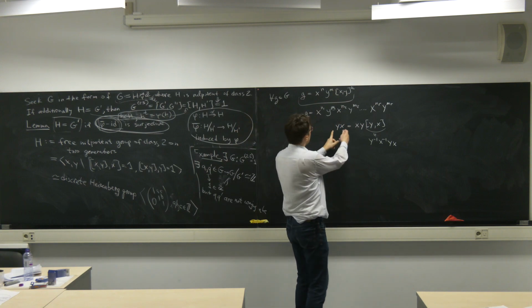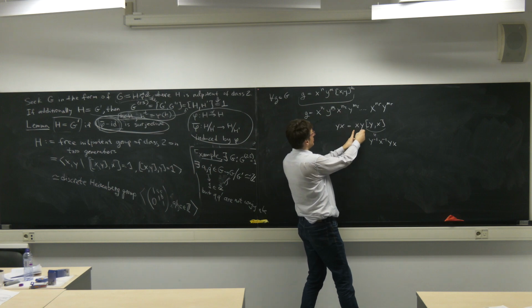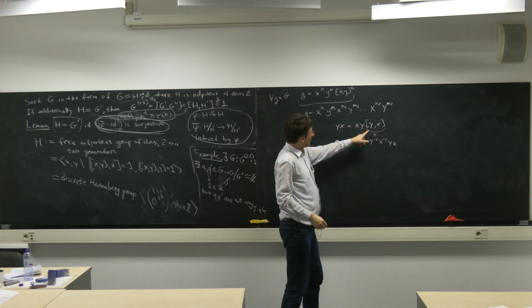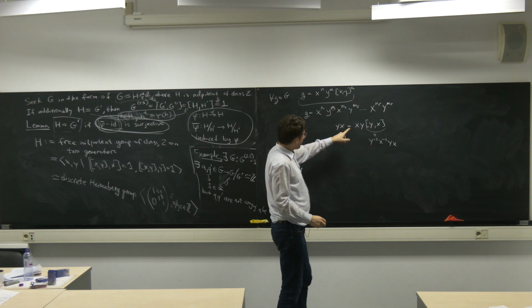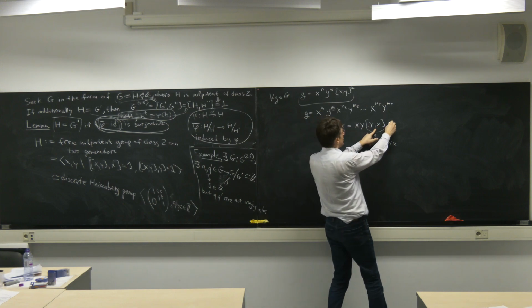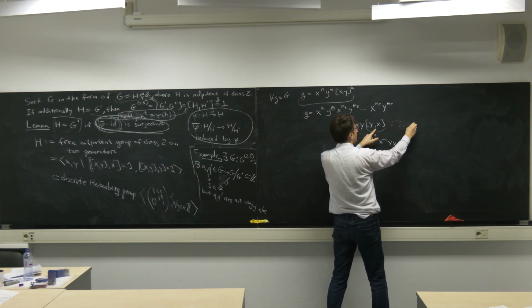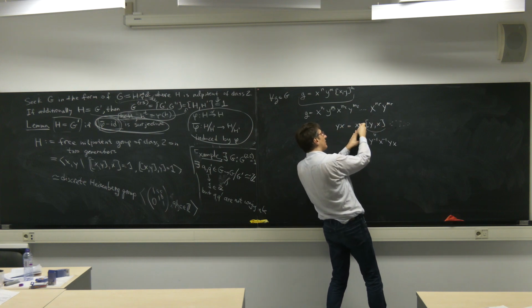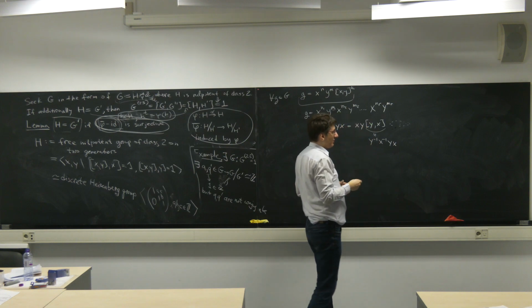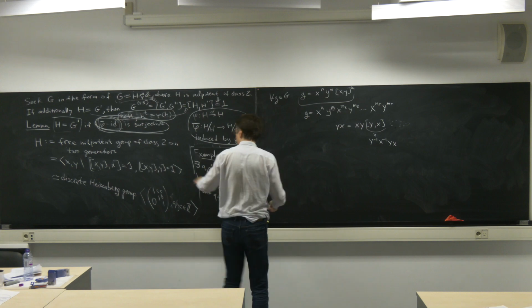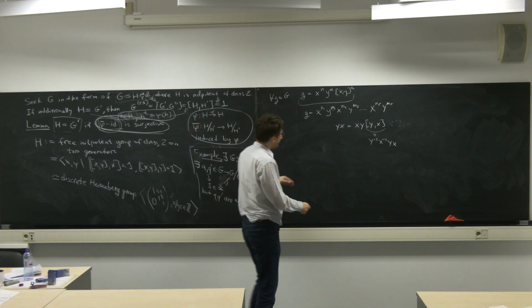So you can exchange x and y like this at the cost of adding a commutator, and this commutator will commute with everything else. So if you have some letters after this commutator, you can move them in front of the commutator without changing anything, because you have these two relations.